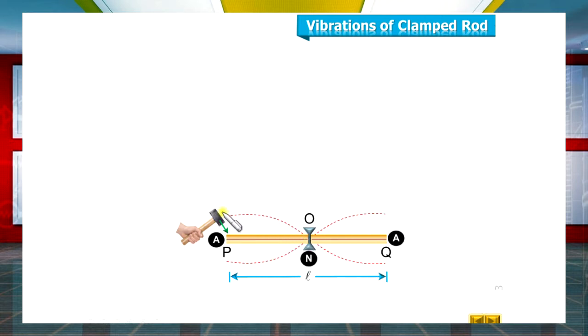That means this length should be lambda by 4 and this is also lambda by 4. So lambda by 4 plus lambda by 4 equals lambda by 2. And this lambda by 2 is nothing but L. That means we can write L equals lambda by 2, so the wavelength of this waveform in this rod is lambda equals 2L. Let this be equation 1, right?